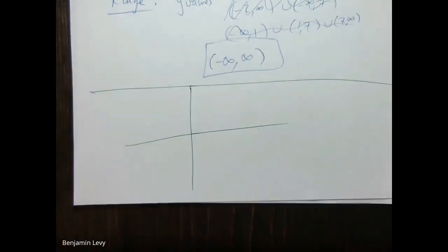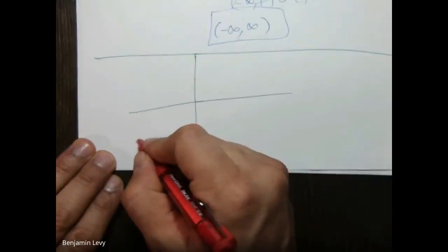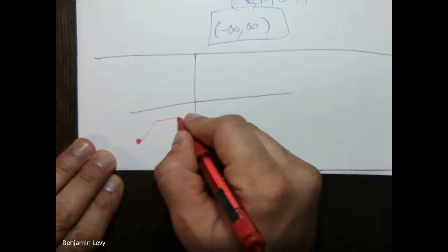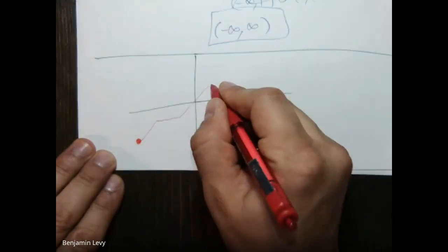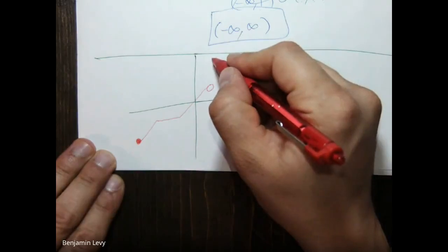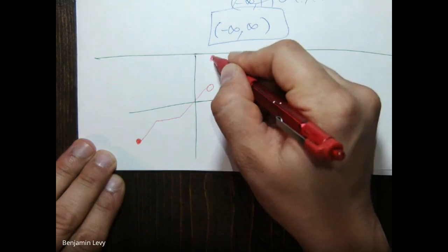So what if we had one that looked like closed circle, kind of does this thing, open circle, and then this one does like closed circle.